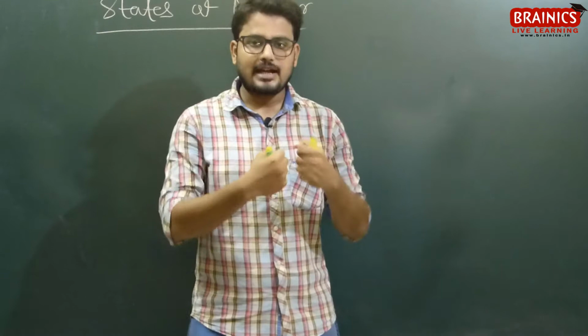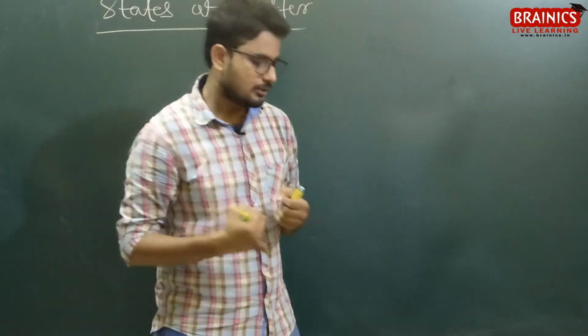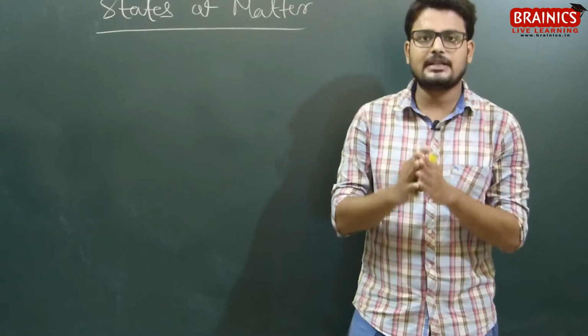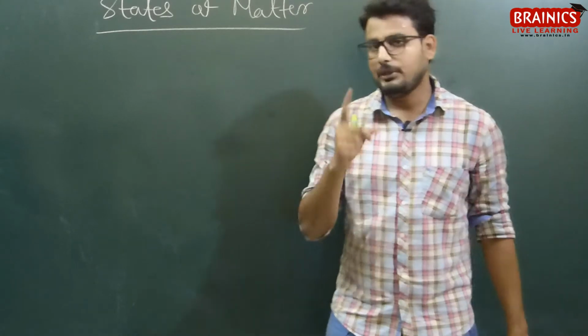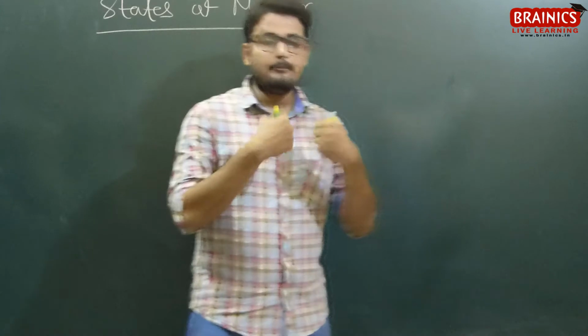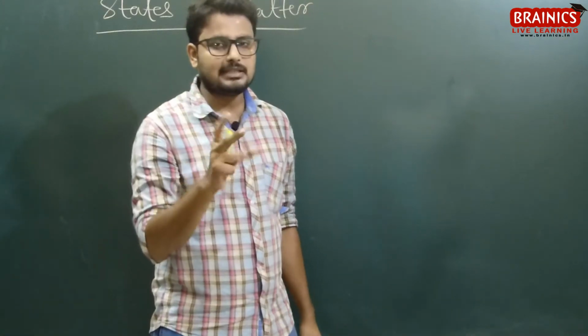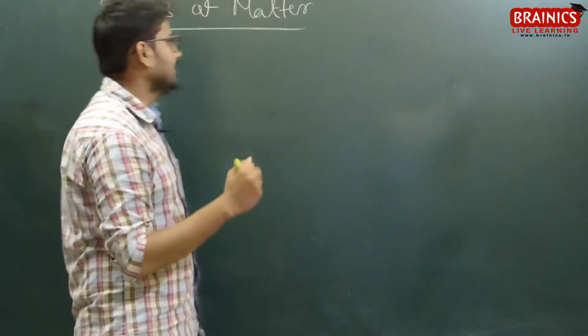When they attract each other with maximum force, they won't separate. If you try to separate the particles, they won't separate easily, because they are experiencing maximum force between them, isn't it? These kinds of particles make up what is known as solid.